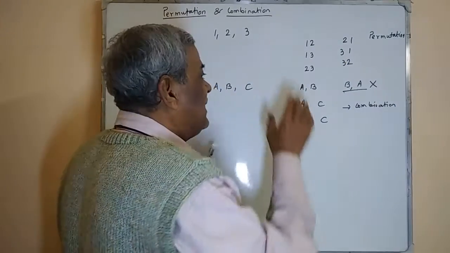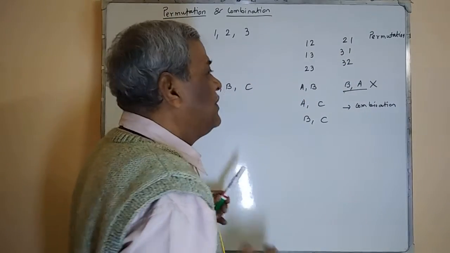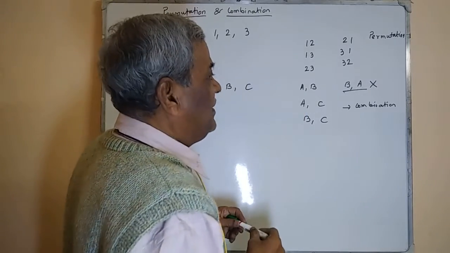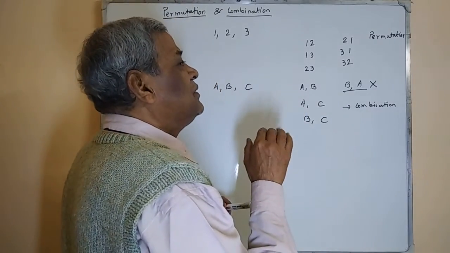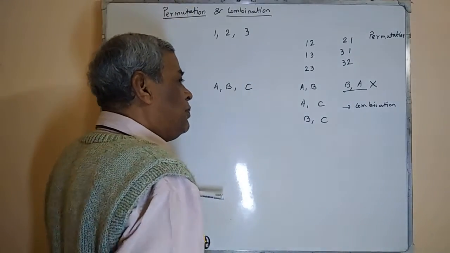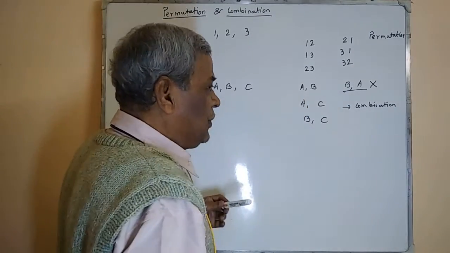Once again, formation of number, formation of word and seating arrangement are examples of permutation.